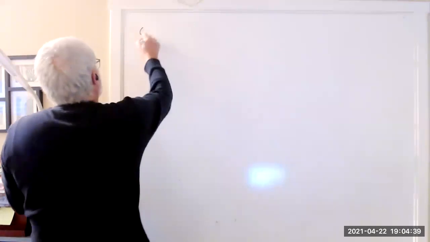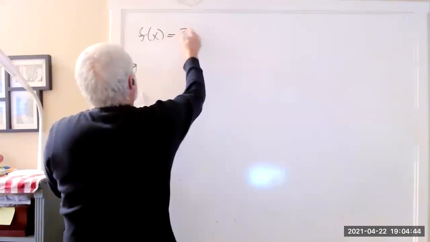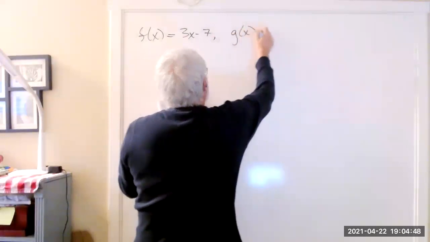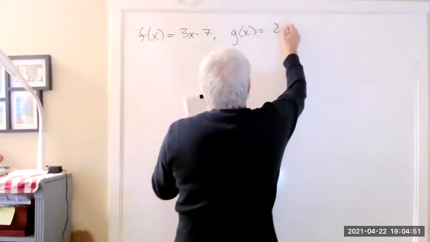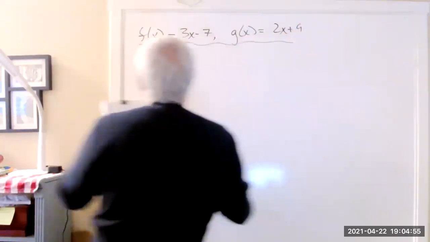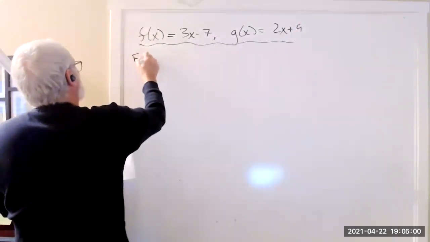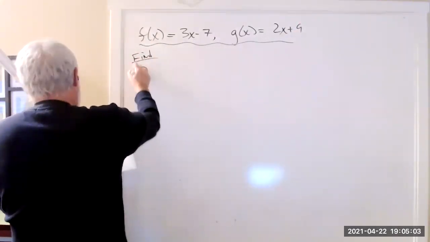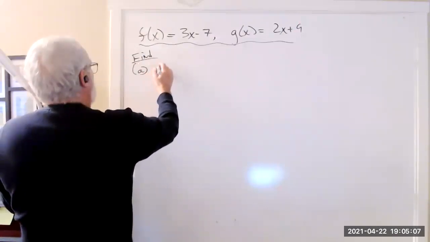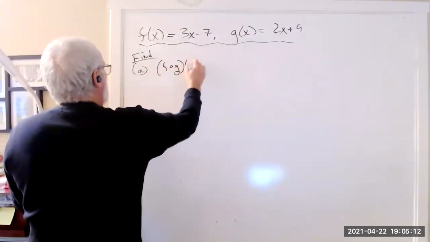Suppose f of x is 3x minus 7, and g of x is 2x plus 9. With those, I want you to find the following. A, f composed with g of 2.